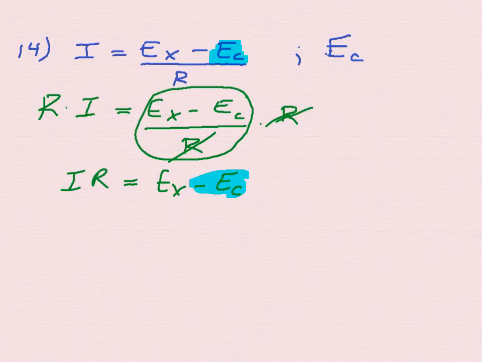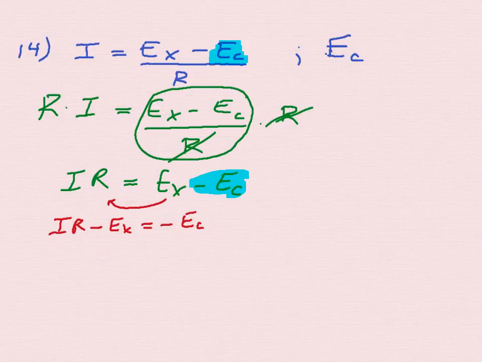So there's 2 steps you can do at this point. I'm going to do both. If you move the EX to the left, you're going to have IR minus EX equals a negative EC. Now the question is asking you to solve for EC.